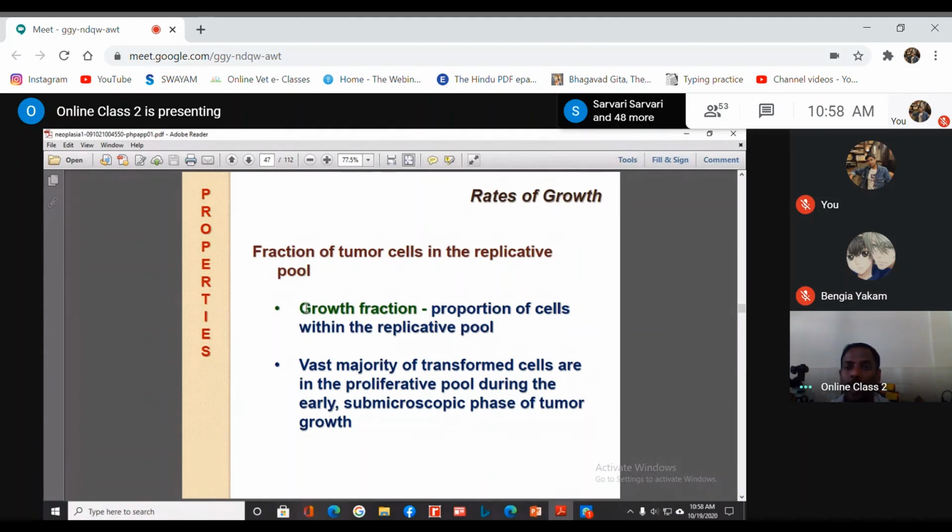That means the number of cells proliferating, that is multiplying at a given point of time, determines the rate of growth. In normal cells it is only 2, in benign cells maybe 4 or 5, and in malignant cells it is 20 cells.